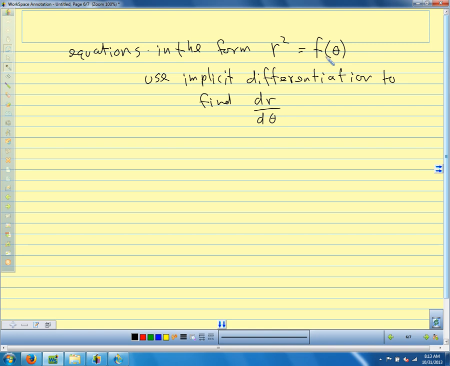So for example, if I had r squared equals 4 sine theta, to find the derivative here, I would write 2r dr d theta equals 4 cosine theta. So dr d theta is 4 cosine theta divided by 2r, so we just get 2 cosine theta over r.